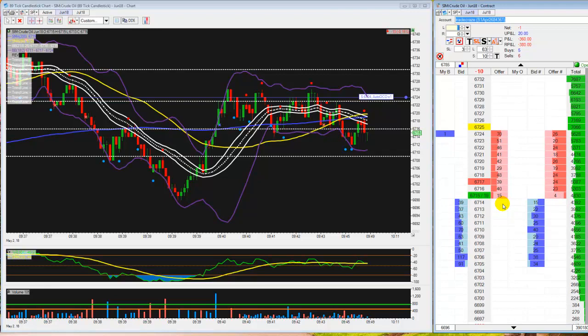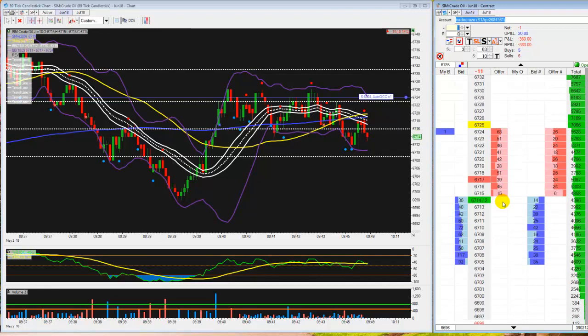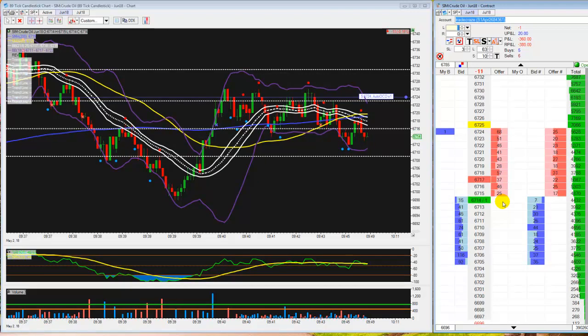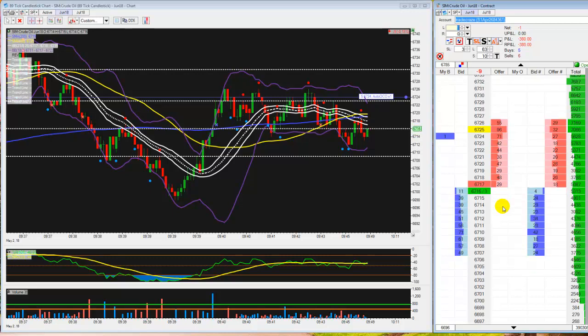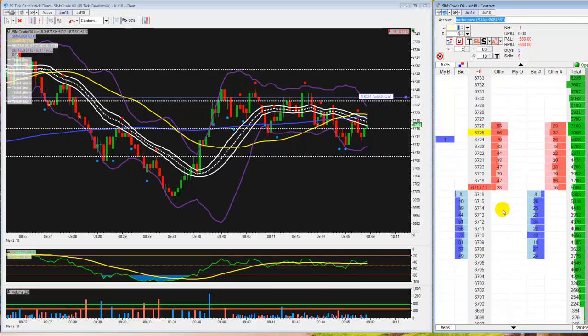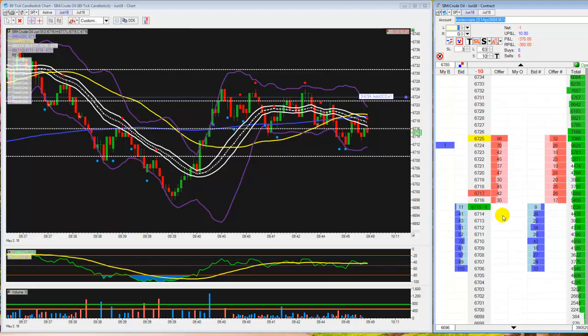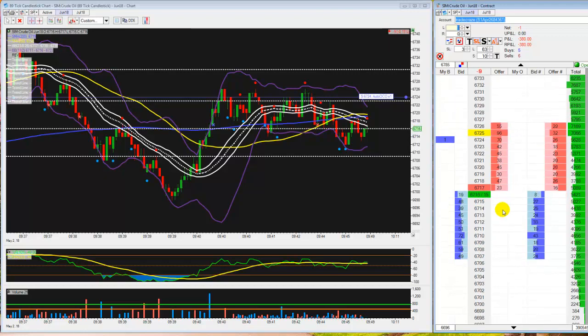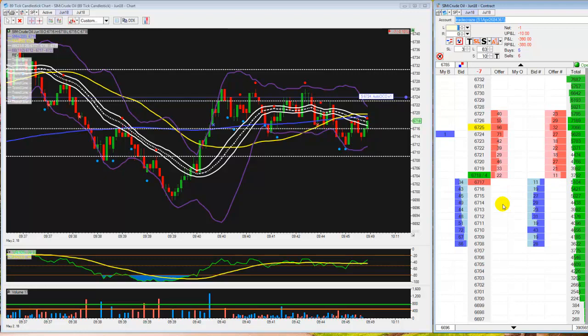I won't hesitate to take a 3P target though if I can get it. 3P is 66.54. If the market just falls for a while, we'd do all right.